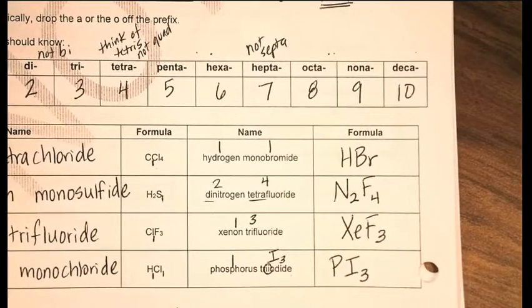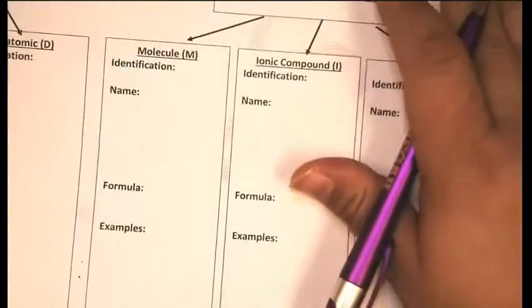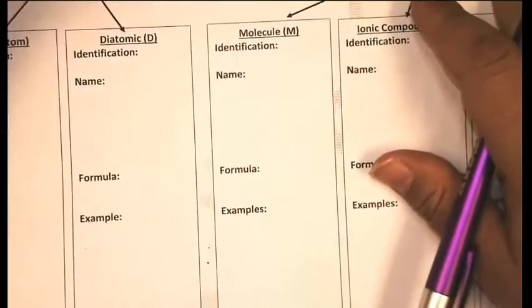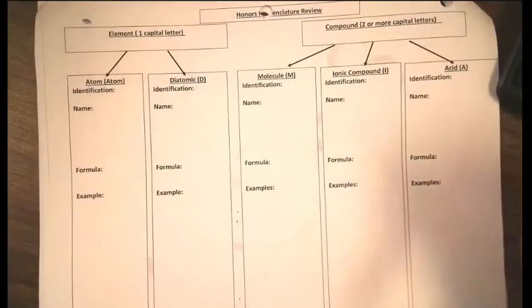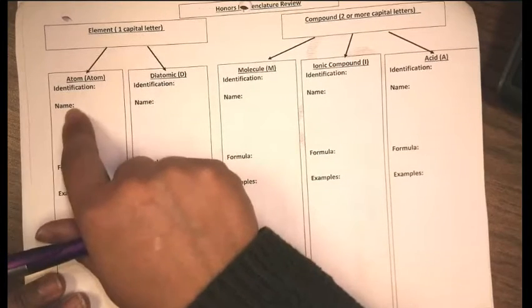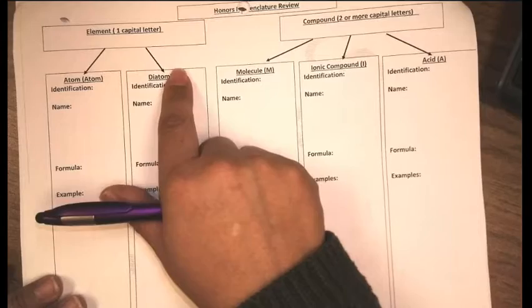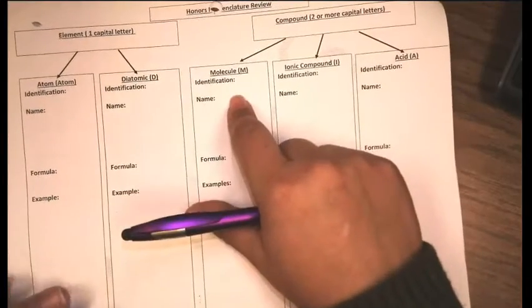So now we are going to fill in our last page because we want to make sure we understand this page here. So, one capital letter, atom or diatomic, right? We already learned that today. Molecule, we learned today too.